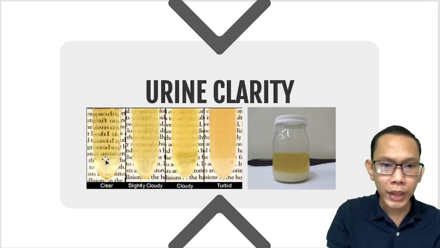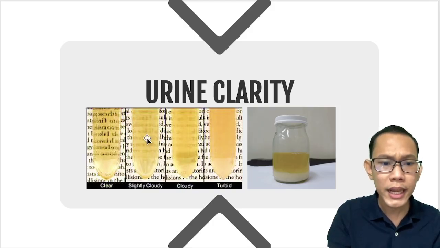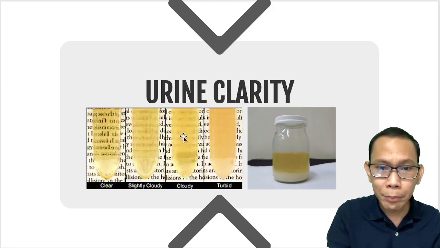And then, again, going back sa clear, walang visible particulates, very transparent. Yung slightly cloudy natin, or yung hazy natin, merong few particulates and print easily seen through your urine. And sa cloudy naman natin, many particulates and print, tingnan nyo, nag-blurred na siya.